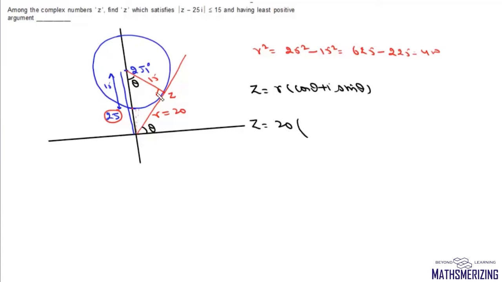Now cos theta, in this right angle triangle, is 15 by 25, which is 3 by 5, plus iota, and sin theta will be simply 4 by 5. So that should be 12 plus 16 iota. So this complex number z having the least positive argument will be 12 plus 16 iota.